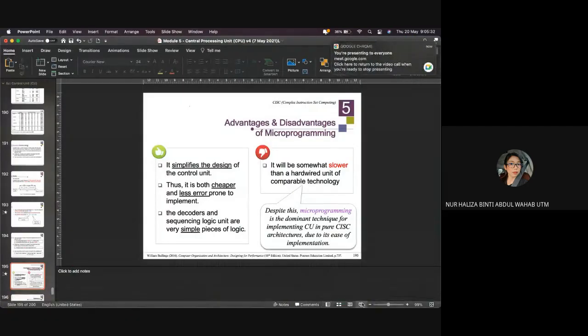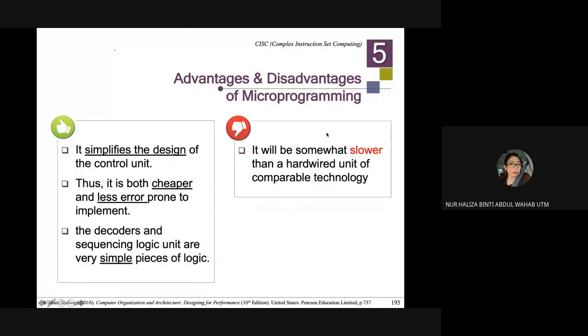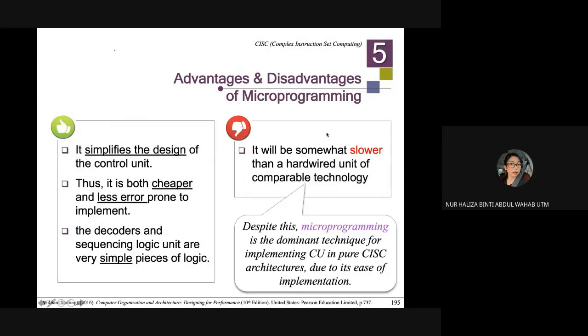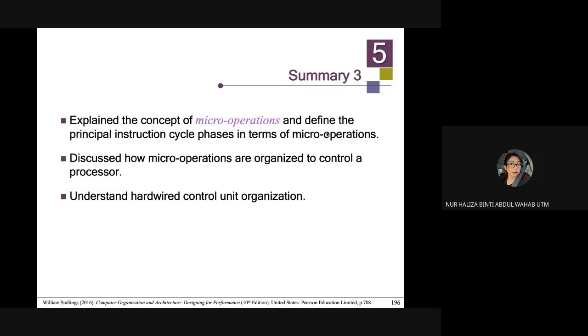So we're going to conclude what we have learned. You can see, explain the concept of micro operations, define the principles of the instruction cycle, and we already discussed how micro operations are organized to control a processor and understand hardwire control unit organization.